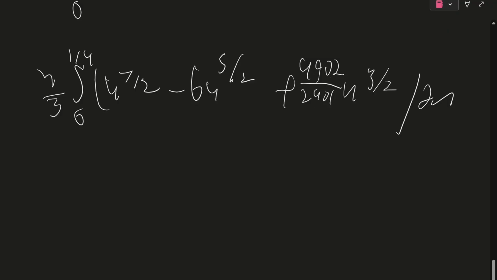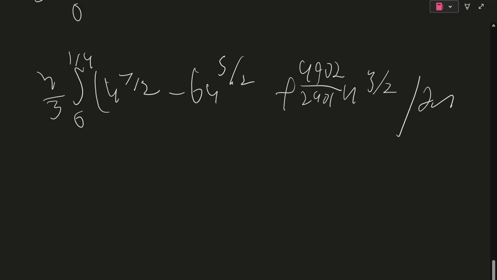So now we can actually go ahead and find our antiderivative. So we have 4/3 times 2/9 u to the 9/2.